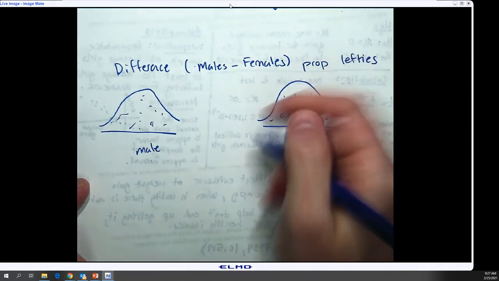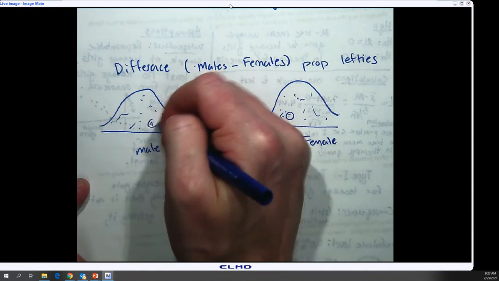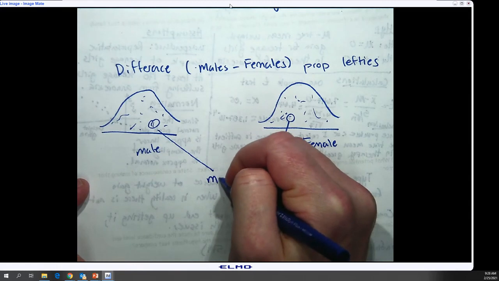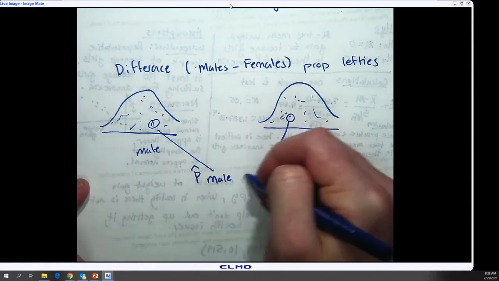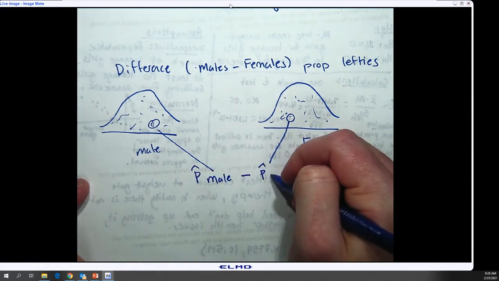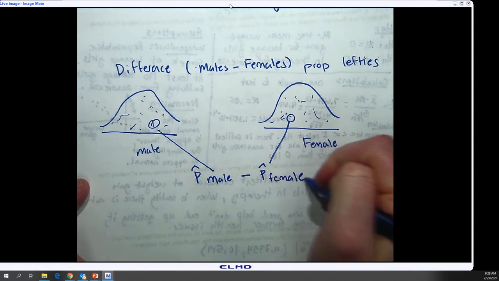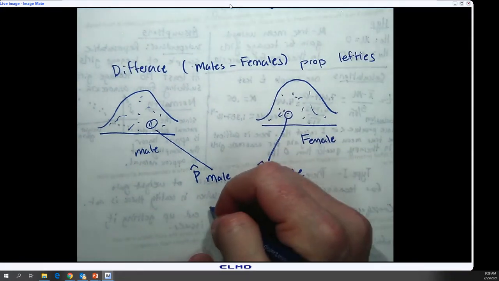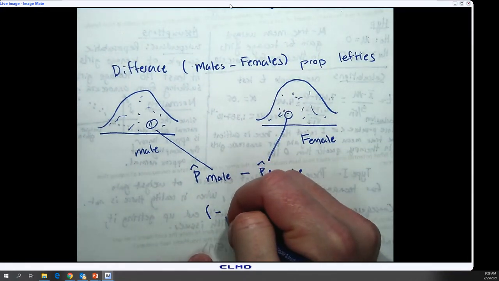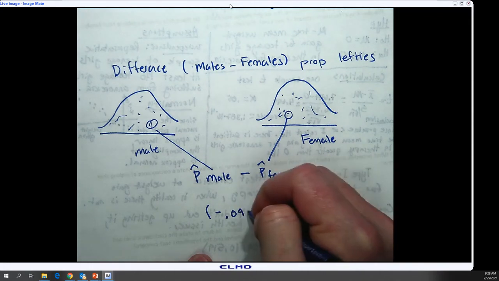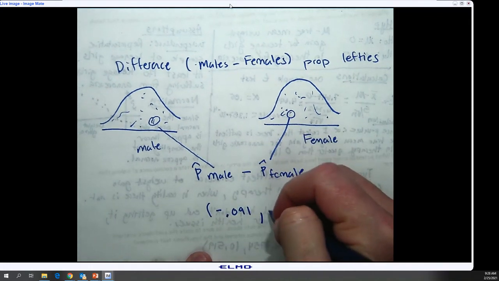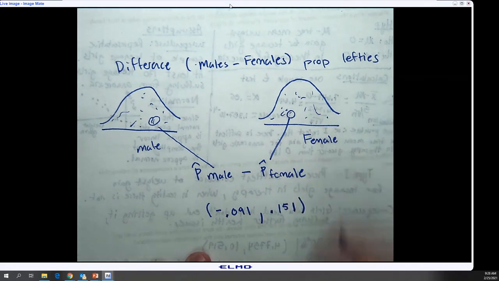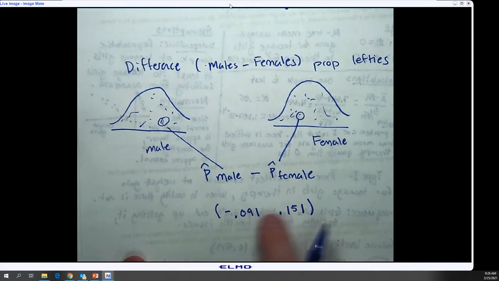And we're saying if we took a random sample from each of these, and we took the male proportion sample and subtracted the female proportion sample, we want to know what that difference would be. And according to our math, the difference would probably be somewhere between negative 0.091 and positive 0.151. So the proportion difference would be somewhere between here.